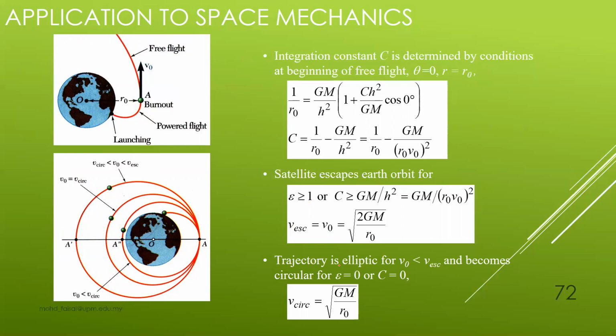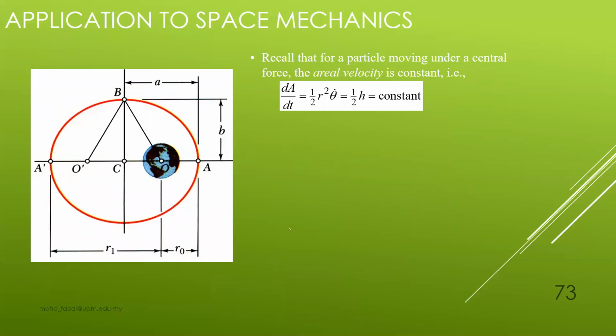The trajectory is elliptic for V naught less than V escape, and becomes circular for eccentricity equal to 0. Recall that for a particle moving under central force, the area velocity is given like so.